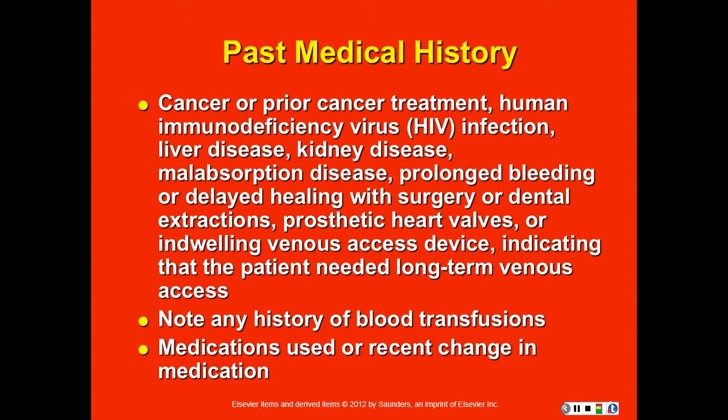Why, from a hematologic standpoint, am I concerned with those two things, prosthetic heart valves and indwelling venous access devices? Infection, but also what? That's infection. What else? Clots, right. You got to be concerned with clots. Okay, good.